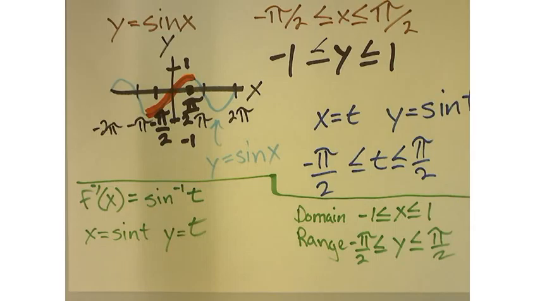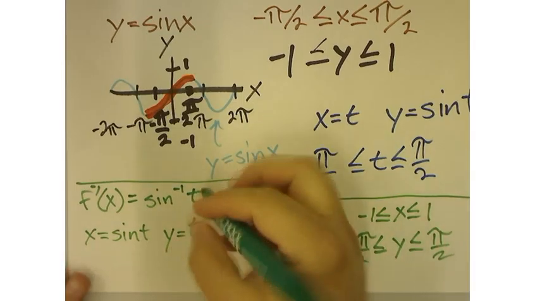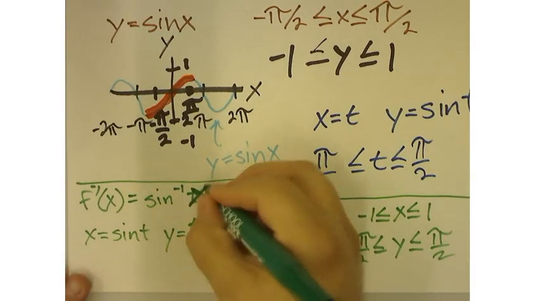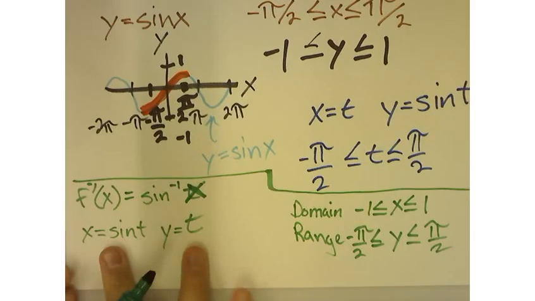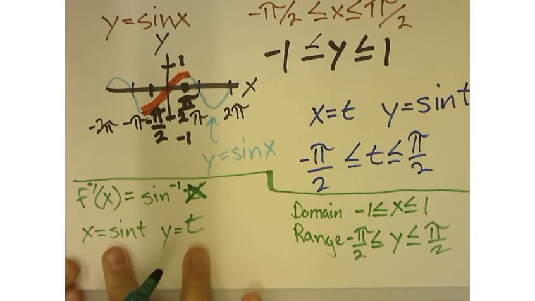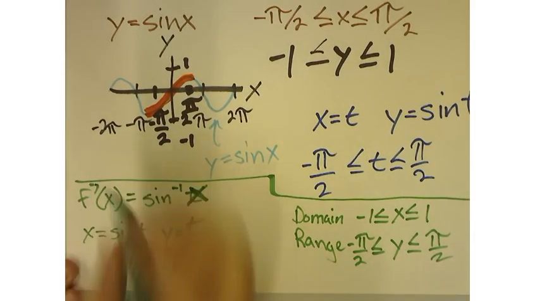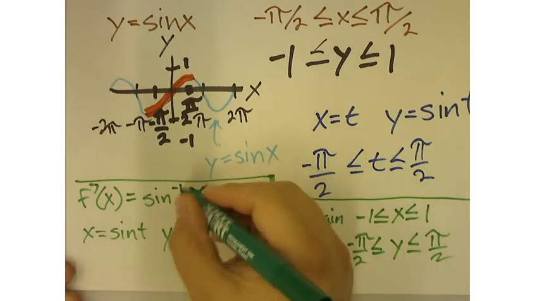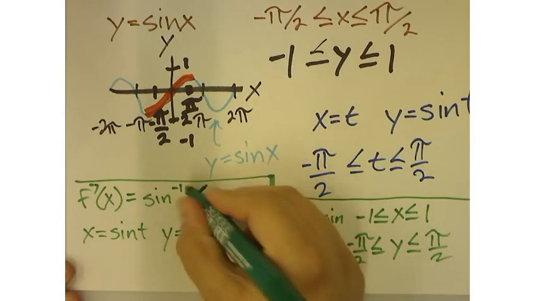Oh, I'm sorry, it's supposed to be written in terms of x. So we can represent the parametric equations on our graphing calculator with this notation: f of x is equal to sine inverse. So this -1 means inverse of x, not t.